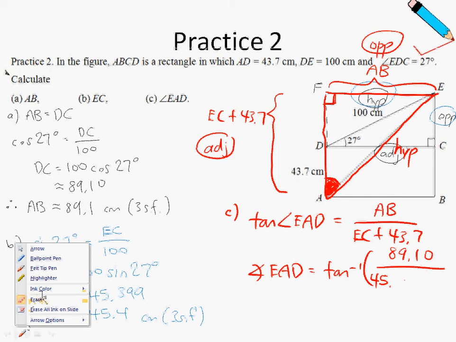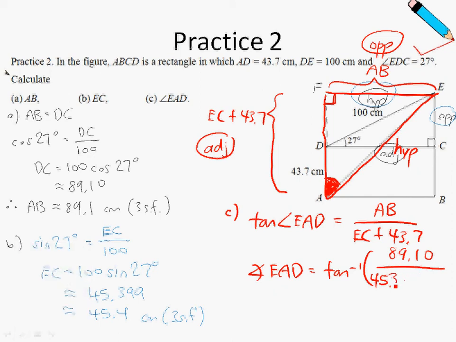So 0.399 plus 43.7. And if I key this into the calculator and I round it off to 1 decimal place, I'll just get 45 degrees. 45.0 degrees to be exact. Okay, so I think we'll stop here.